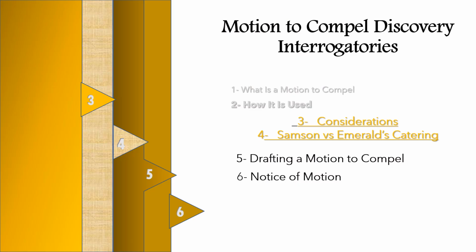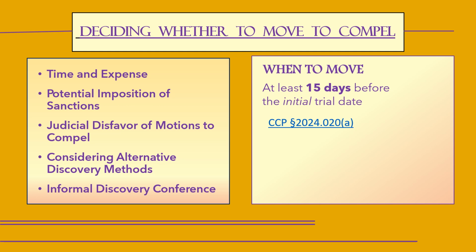There are some things to be aware of when it comes to choosing whether or not to move to compel. Sometimes the options are a better choice. Because discovery is intended to be self-executing, virtually all motions authorized under California's discovery statutes require that counsel for both the moving and opposing parties make a good faith effort to informally resolve their dispute before seeking court intervention.